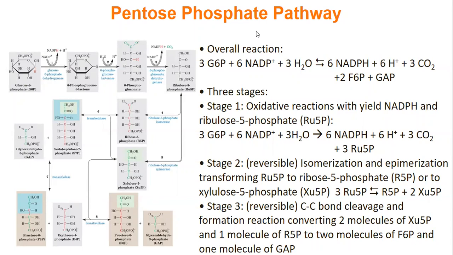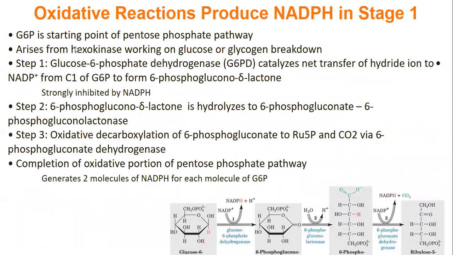So today we're going to go into depth of how this works, why this pathway exists, and then we're going to move on, look at the big picture, how it connects with glycolysis, and then move on to glycogen. Right. So let's actually look at this pathway step by step.